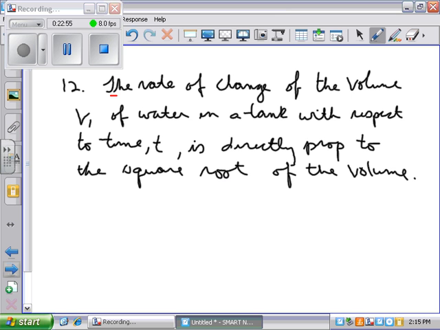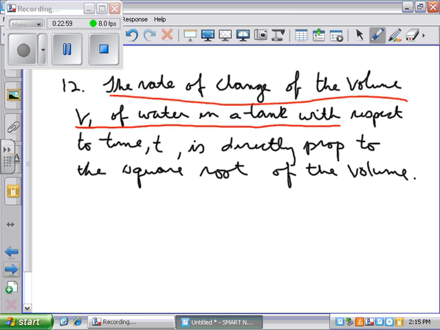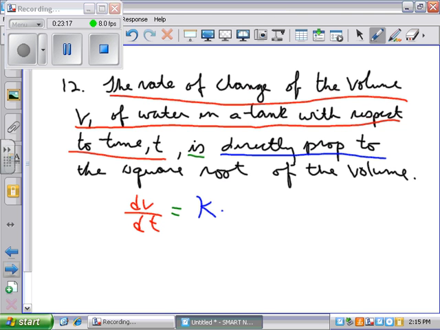The rate of change of the volume in a tank with respect to time t is dV/dt. Equals, oh, this is color coded. Directly proportional to means k times. If it was inversely proportional, which they don't do, it would be k divided.